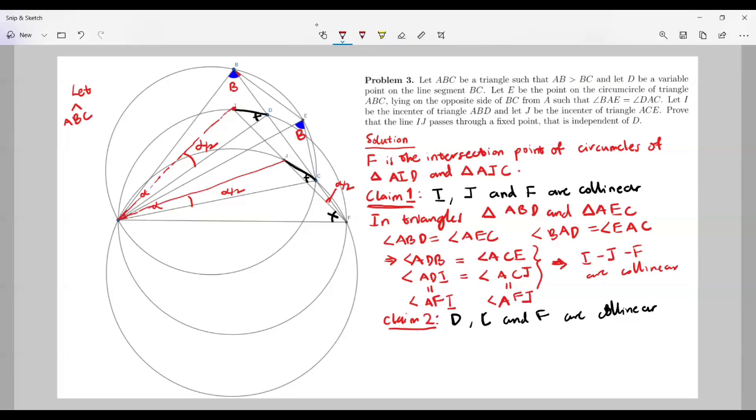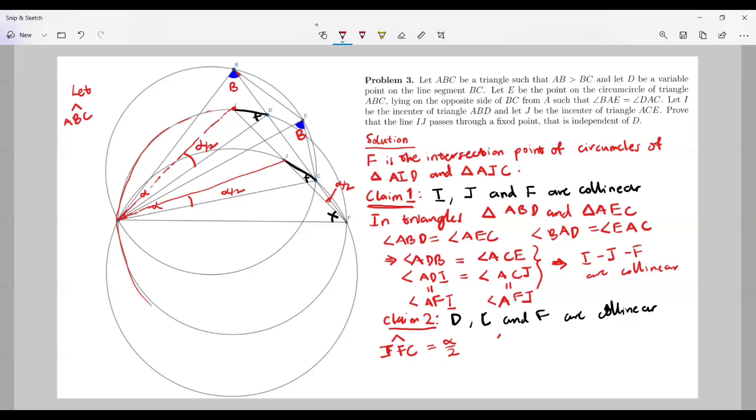So we have that angle JFC equals alpha over 2. And in similar fashion, from this bigger circle here, we have that this angle here is also alpha over 2.